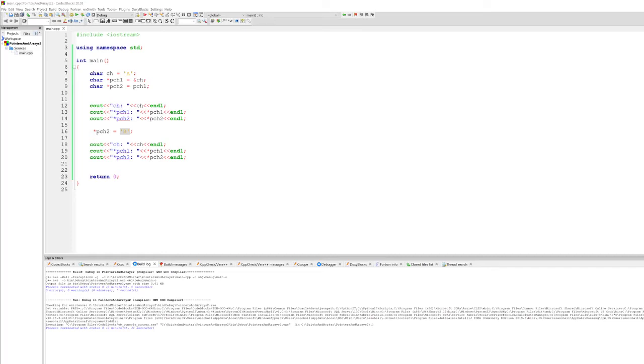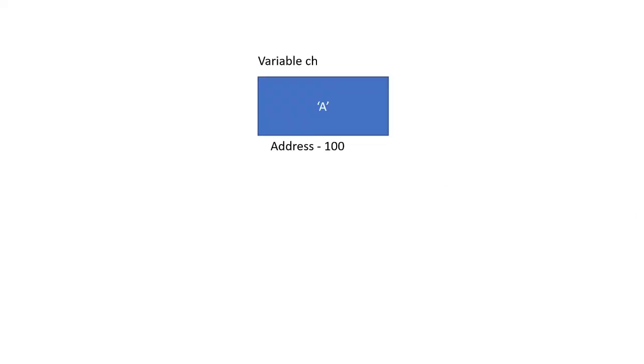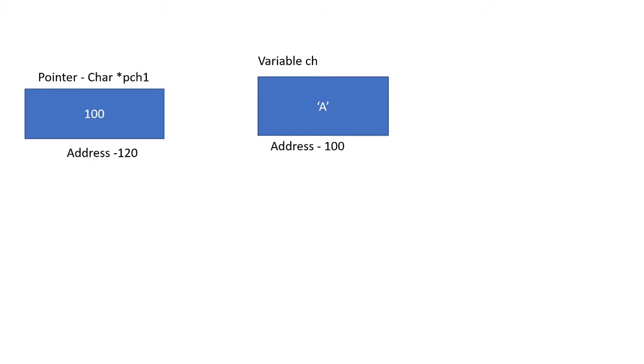Let's see how this actually looks. So I declared a variable ch and it has a value a, and let's say this variable is created at a memory location with address 100. So when I declared the pointer pch1 and pointed it to the variable ch, when I said char star pch1 equal to ampersand ch, it started pointing to the memory location 100.